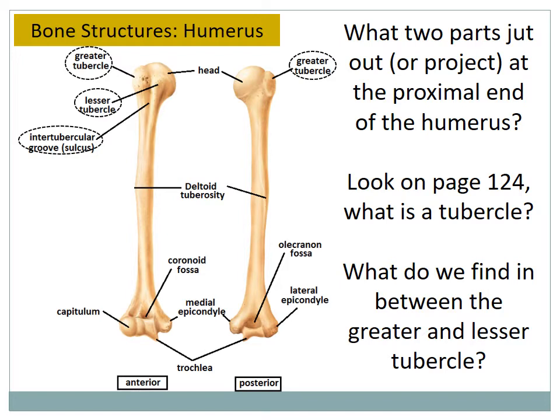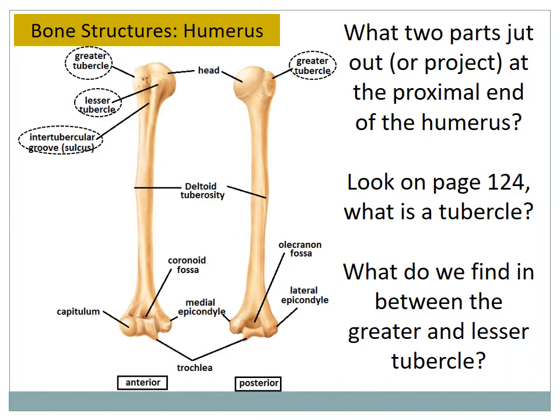So the next question I have for you, what two parts jut out or project at the proximal end of the humerus? Yeah, we have the greater tubercle and the lesser tubercle that project out at that proximal end of the humerus.